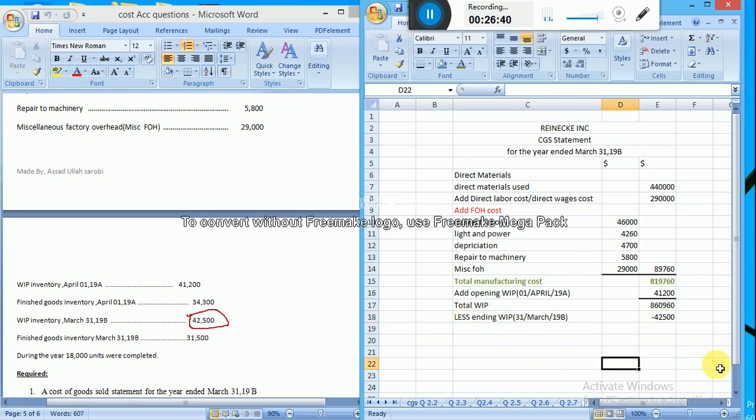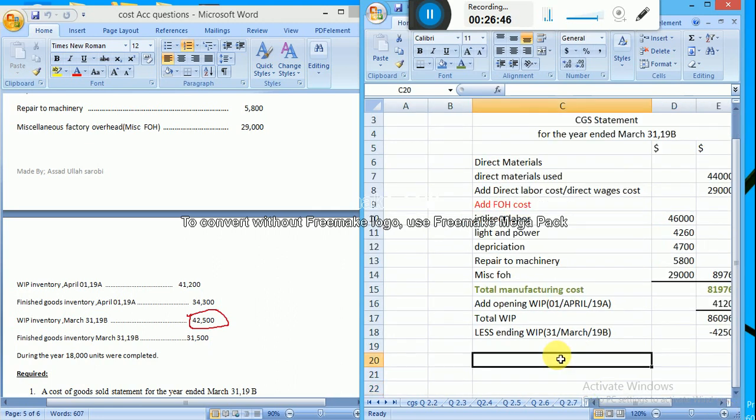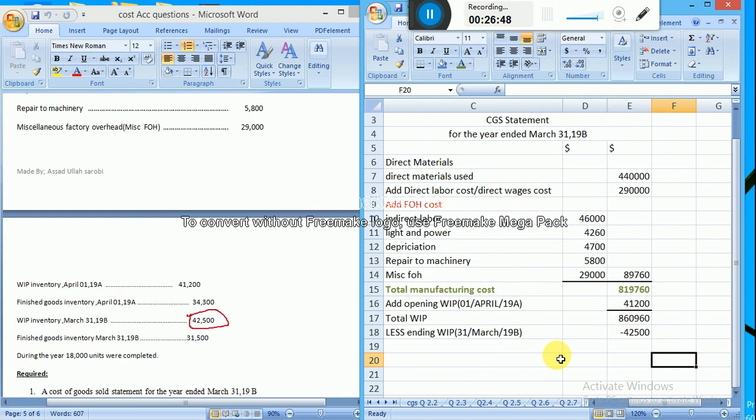Now, total work in process was how much? That was 8,60,960, but of that only 42,500 work in process remains, which is not converted to finished goods.